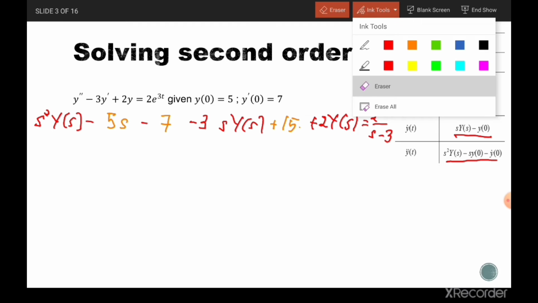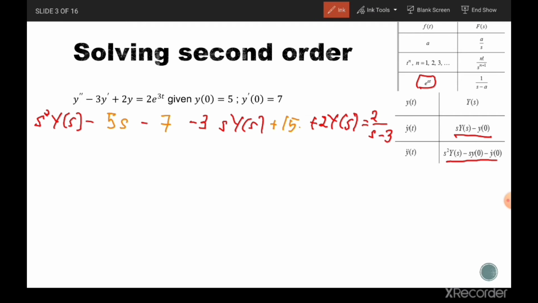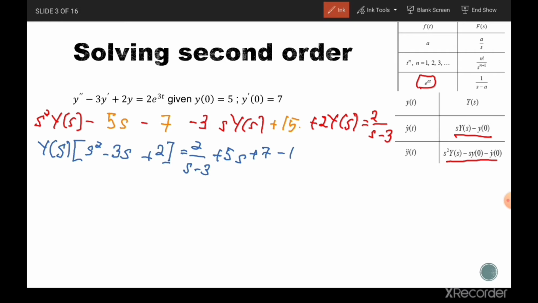Then we need to obtain Y(s). This means the Y(s) terms we bring to the left side and the others we bring to the right side. First, I factorize by bringing Y(s) outside the brackets. So this is how I write it. 5s I bring to the right side, plus 7 and minus 15.